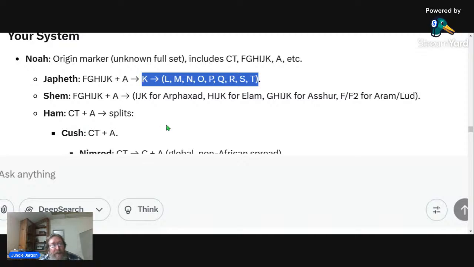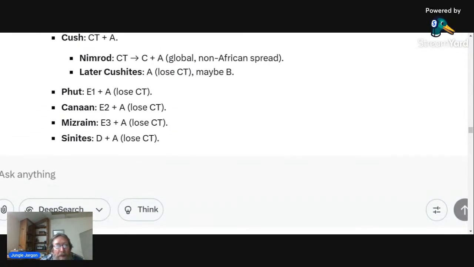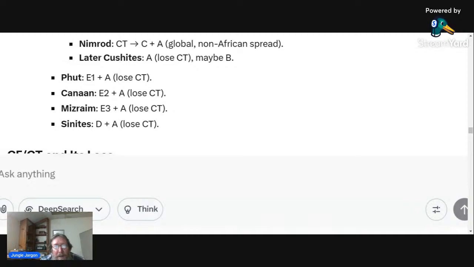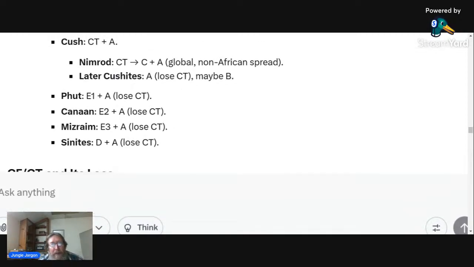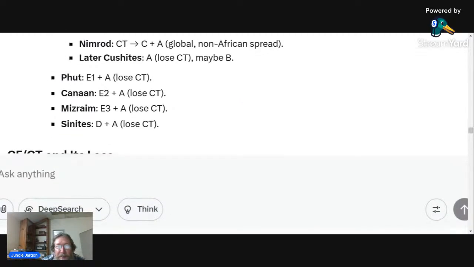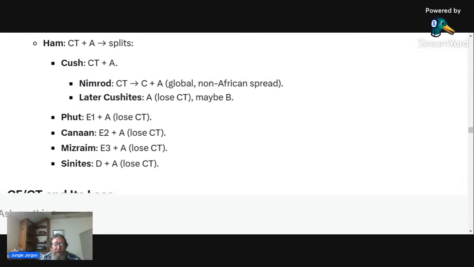Okay, Ham, CT, A splits. Nimrod, CT, CA, non-African spread. Yeah, so the C is not found in Africa in any great quantities. In the Mediterranean, apparently I think the AI mentioned that there is some C, but of course, if the sea goes to South America, it could easily be in North Africa as well.